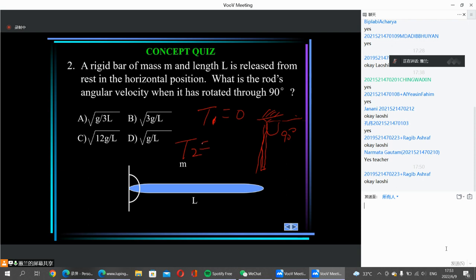So for the final kinetic energy, because it's pure rotation, we can calculate it using 1/2 times the mass moment of inertia about the rotation center times omega squared, where omega is the angular velocity.